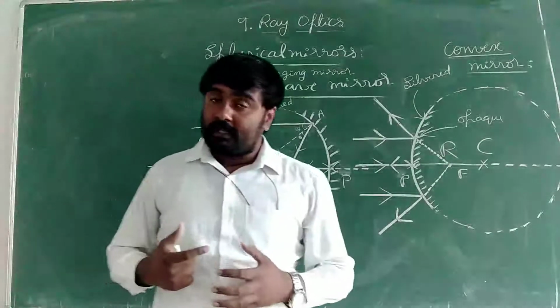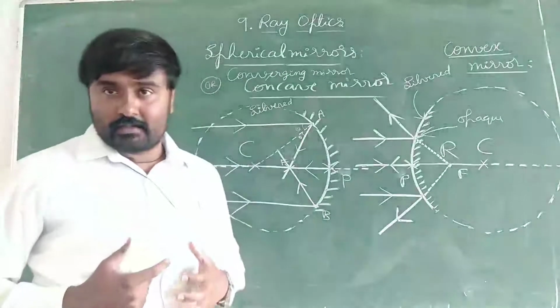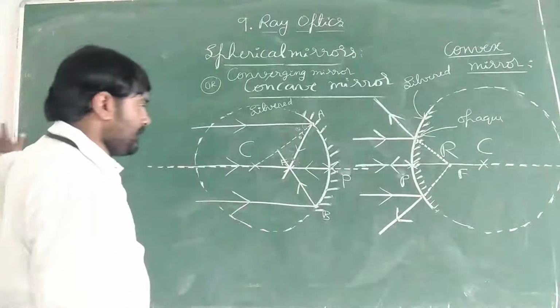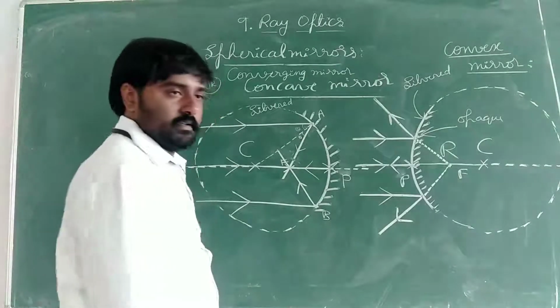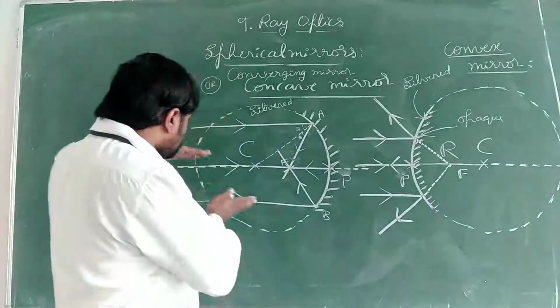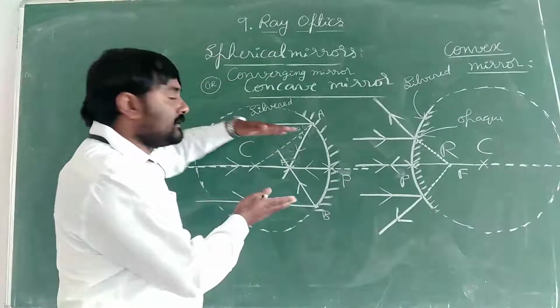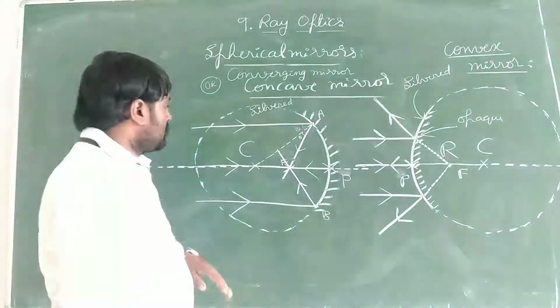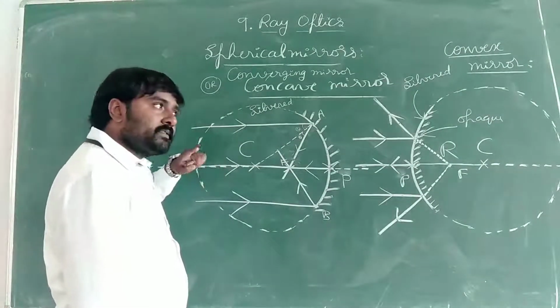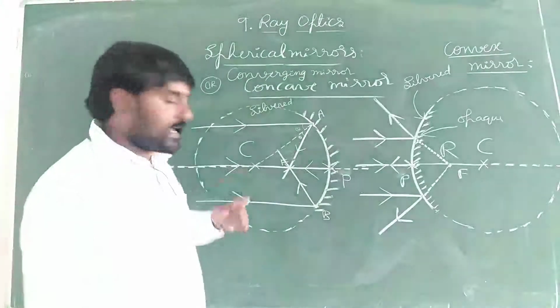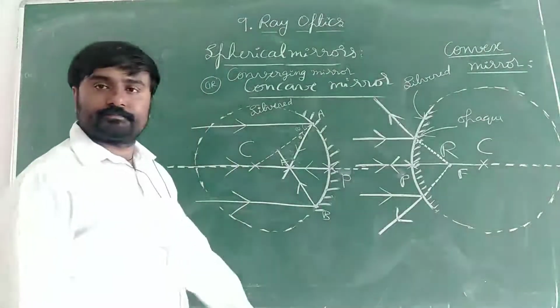Suppose the object is situated at infinity. The rays starting from an infinite object are almost parallel, so the parallel beam starts from the infinite object.